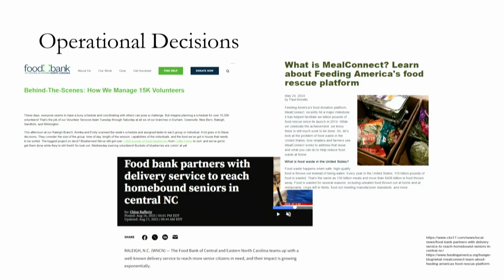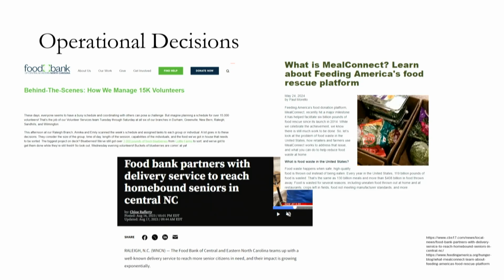The way this operates is a donor, which may be a grocery store or a restaurant, if they have a small donation that they want to donate, they post a picture of the donation on the app, and the food bank can see this donation, but then are faced with an important decision. Should the food bank rescue that food, or should they match that donation with an agency in their network and have them rescue the food?